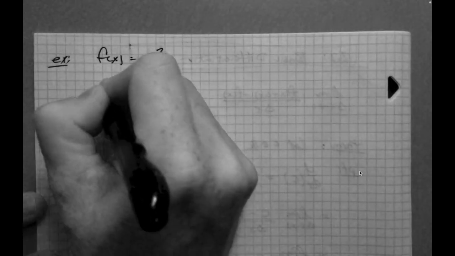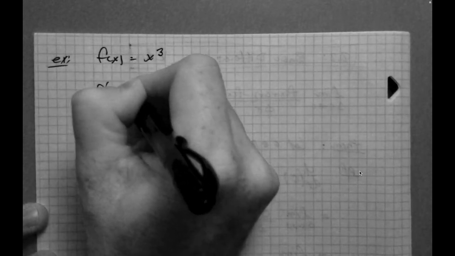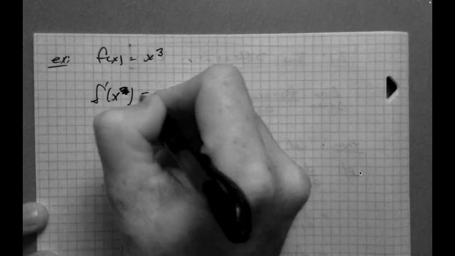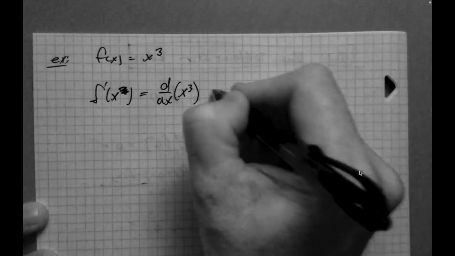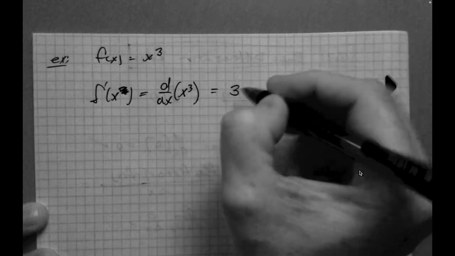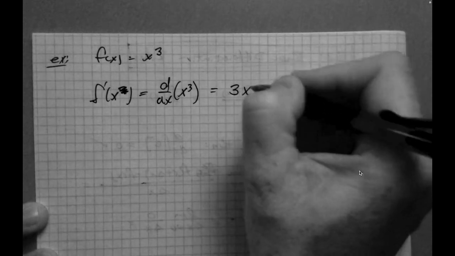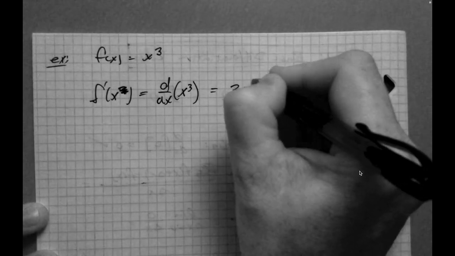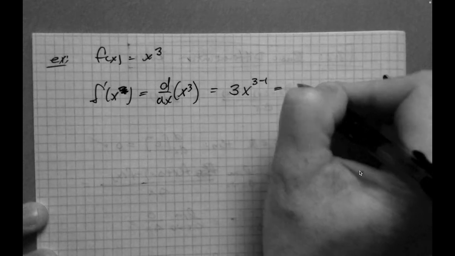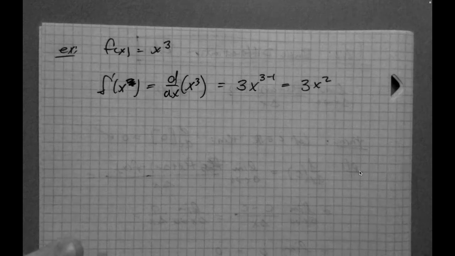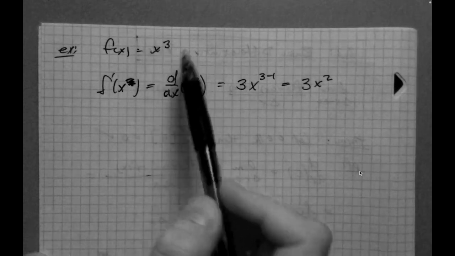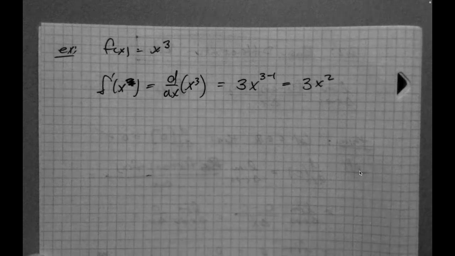But now we can simply say that f prime of x is equal to the derivative with respect to x of x cubed, which according to the formula is just: n is 3, bring that down front, and then reduce the exponent by 1. So 3 minus 1, I'll put it in there just so people can see. That's 3x squared. So it's just that easy, basically a one-stepper. If you remember the form, you'll know that that's 3x squared when you differentiate.